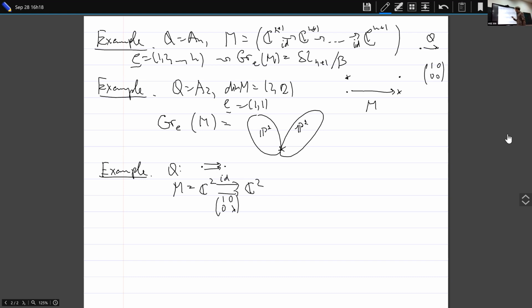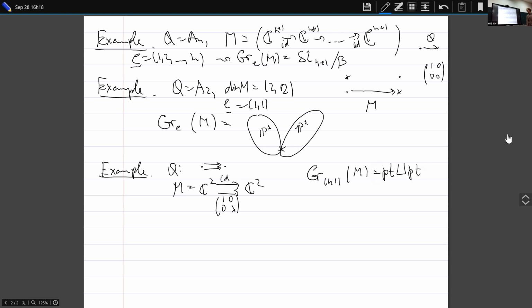And then the Grassmannian (1, 1) of this M is actually two points, a disjoint union of two points. It can be easily seen that the two points correspond just to basis vectors in which this matrix is free.